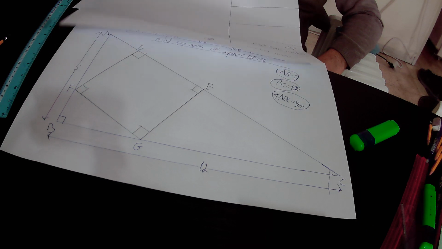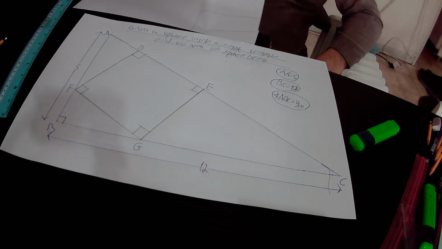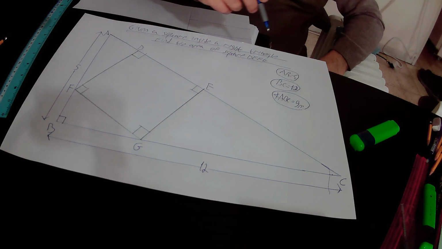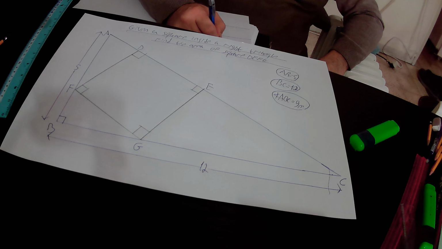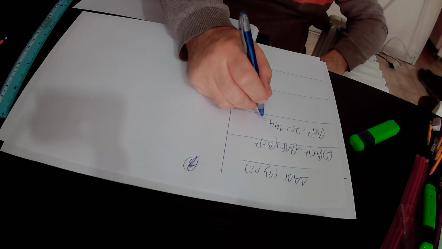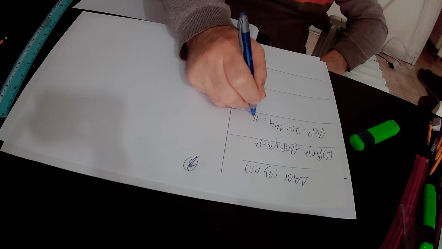AB is 5, therefore AB square is 5 square, that is 25, plus BC square. BC is 12, therefore BC square is 12 square, that is 144. In conclusion, AC square equals 25 plus 144. 25 plus 144 is 169.